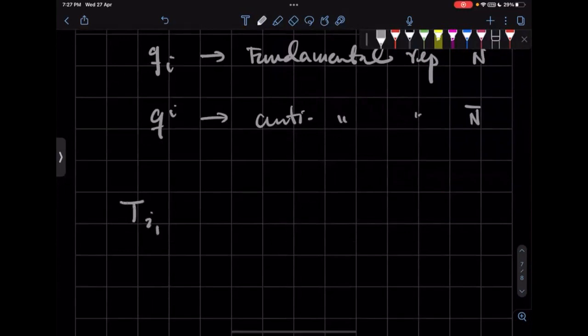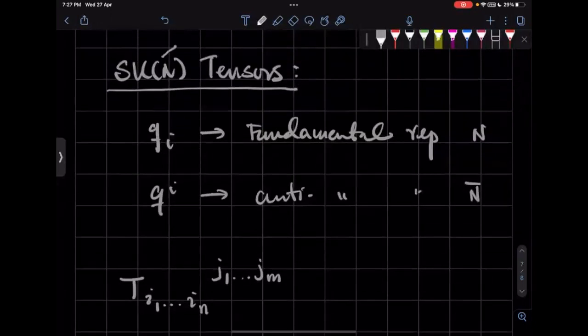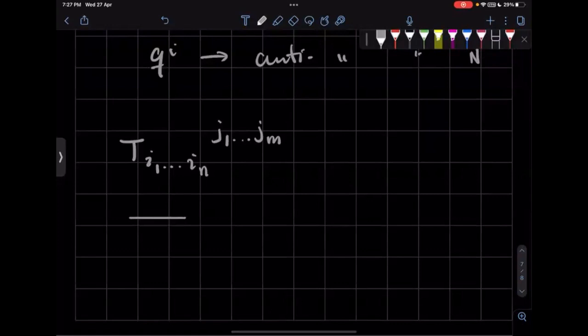It'll have I small n lower index, J small m upper index. I'm using lower n and upper m because I don't want to confuse them with this N. So under SU(N), for the lower index, these are fundamental indices, so we will have n factors of SU(N) matrices.